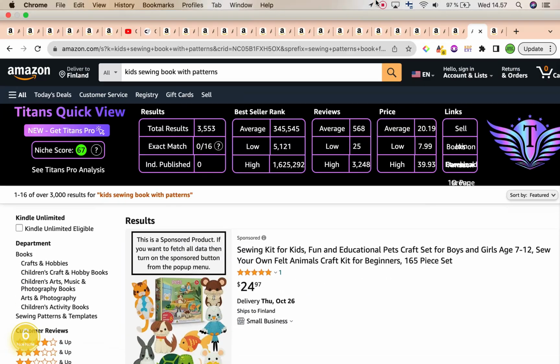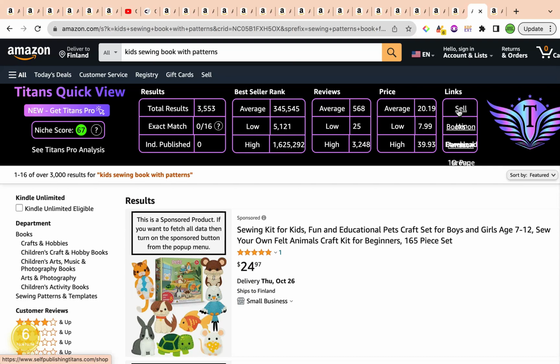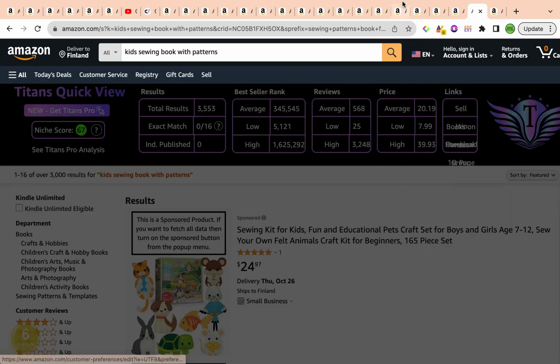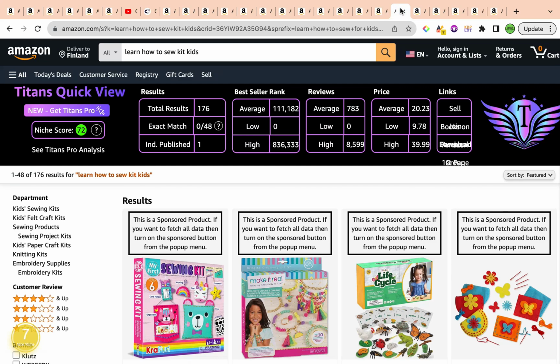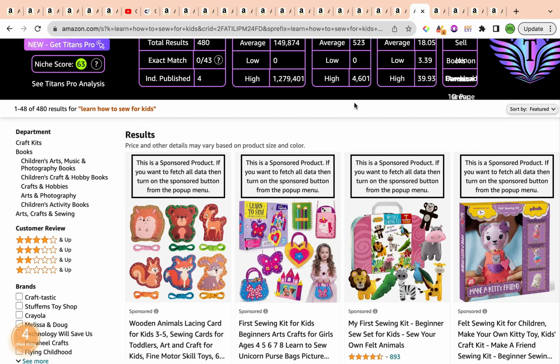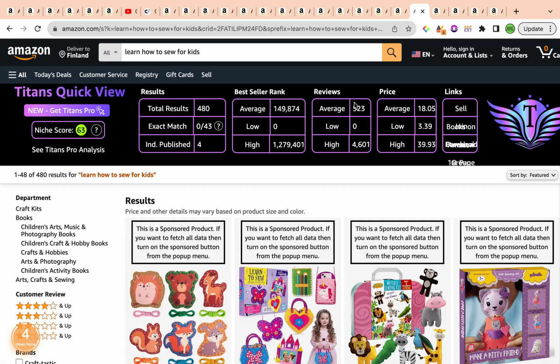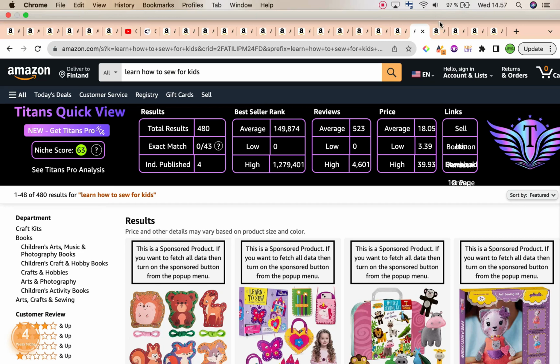kdpextension.com. So these were the 5 profitable Amazon KDP keywords that have to do with sewing. Let us quickly summarize these keywords. The first one was learn how to sew kids with a keyword niche score of 72 and 7. The second one was learn how to sew for kids with a keyword niche score of 63.